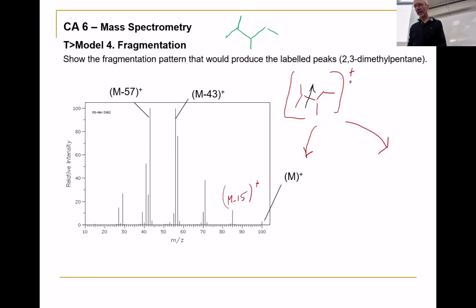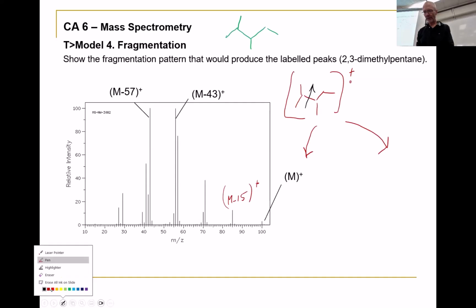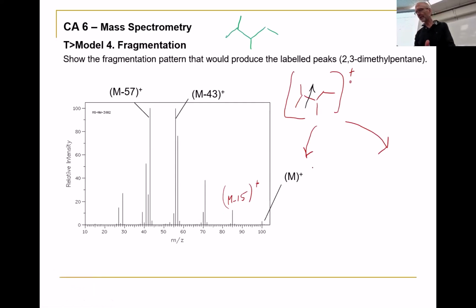And what can happen is we can end up with a cation right here and a radical there, or we can end up with a radical here and the cation here.